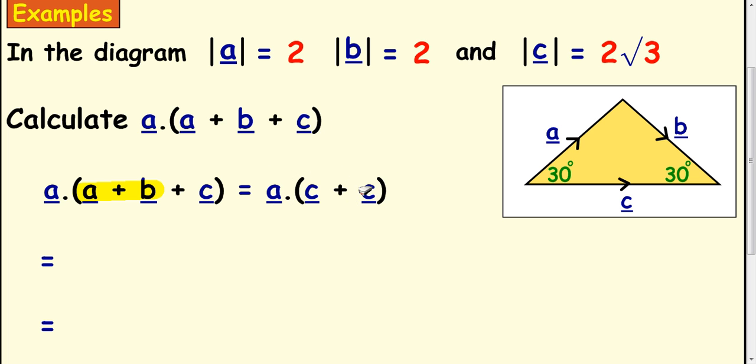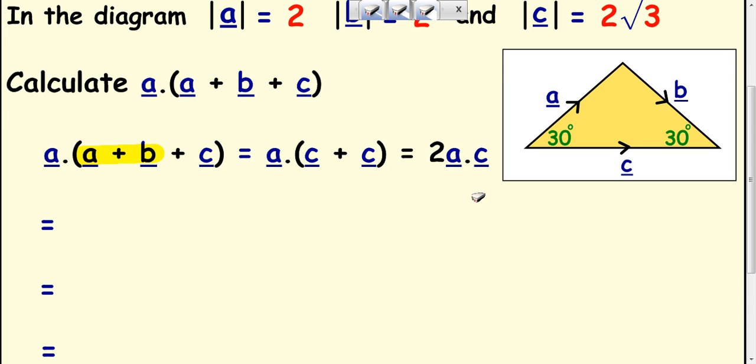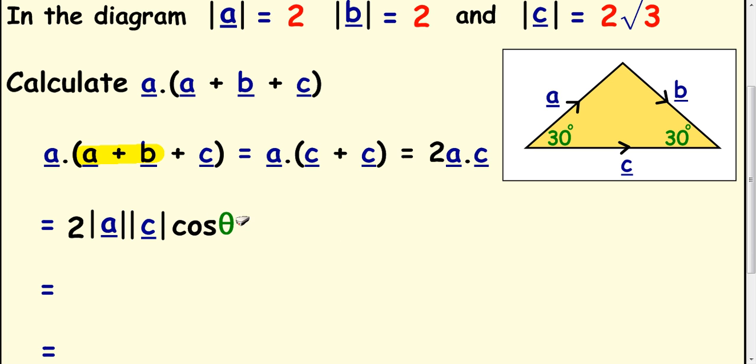And that can be written as a dot c plus a dot c, so there's two lots of them. So if you work 2 times a dot c out, magnitude of a times magnitude of c times the cos of angle in between. a is 2, c is 2 root 3, so 2 times 2 root 3 times the cos of the angle in between a and c, which is 30.